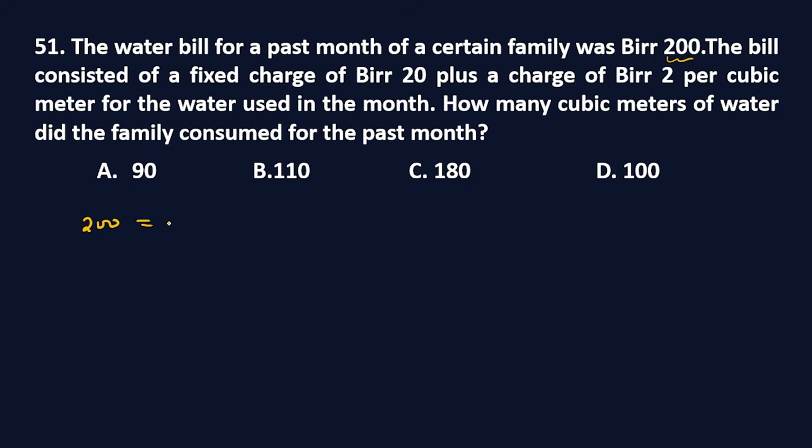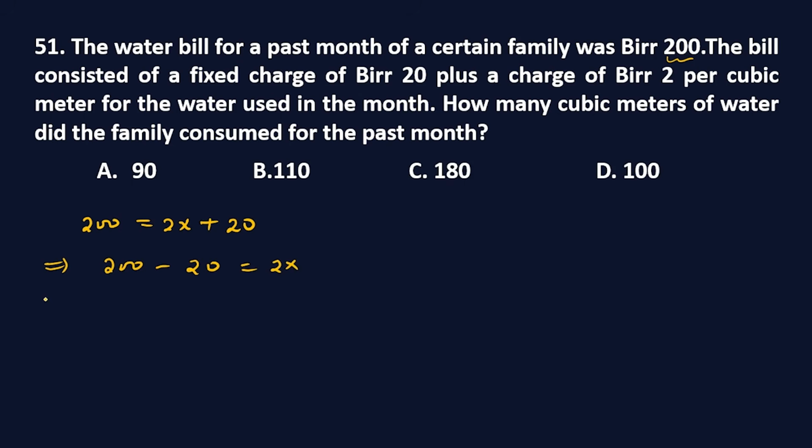So 2 times x cubic water plus the fixed charge. Okay, this is how we calculate what they pay: 2 times the cubic meters they used plus the fixed charge. So 200 minus 20 is equal to 2x.